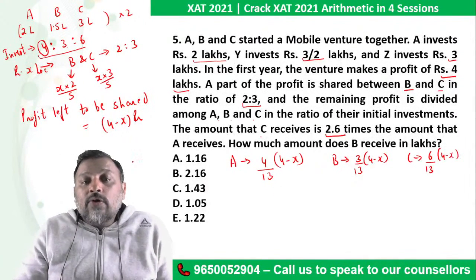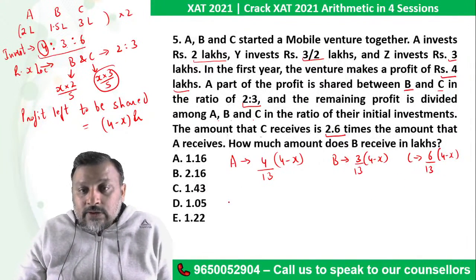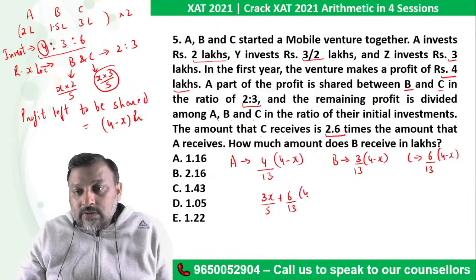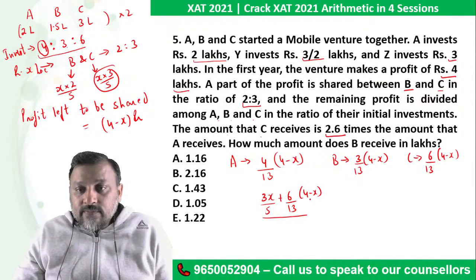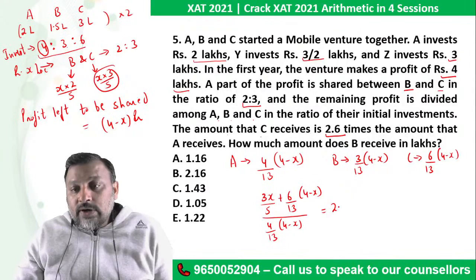So the total profit received by C is this plus this. So total profit of C is 3x by 5 plus 6 by 13 into this, and total profit received by A is this 4 by 13, and this is given to be 2.6.